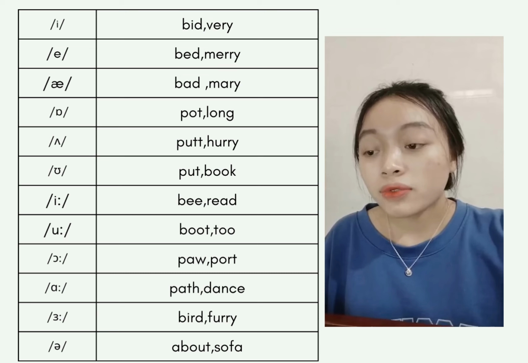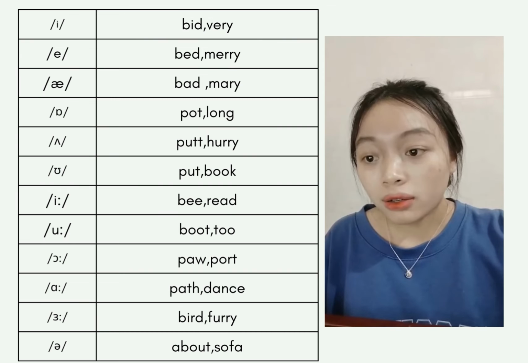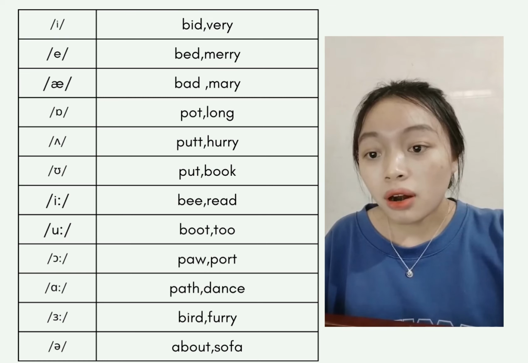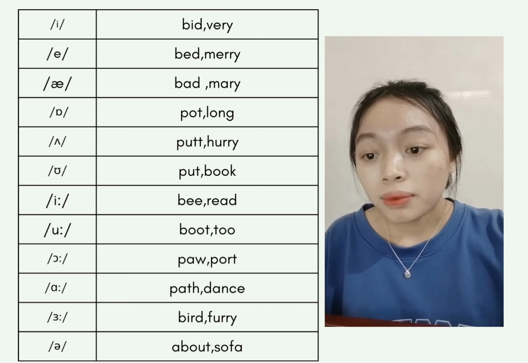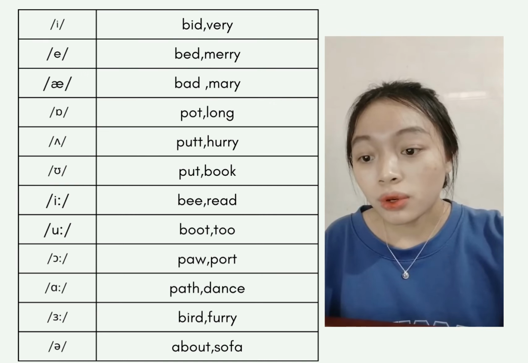The first group is monophthongs: beat, bad, marry, pause, long, hurry, push, book, read, would, true, for, pot, pat, dance, bird, furry, about, sulfur.